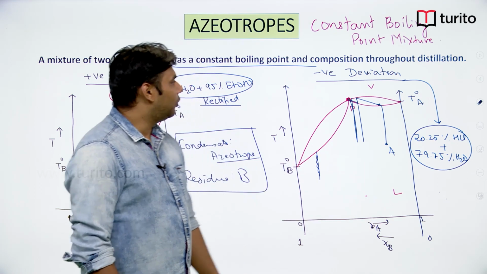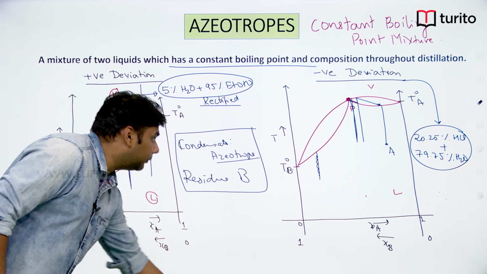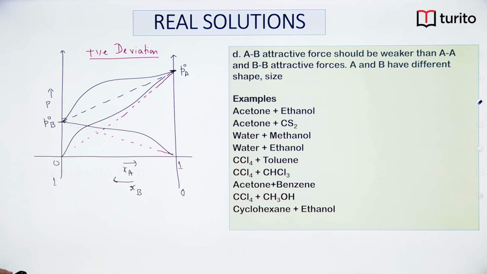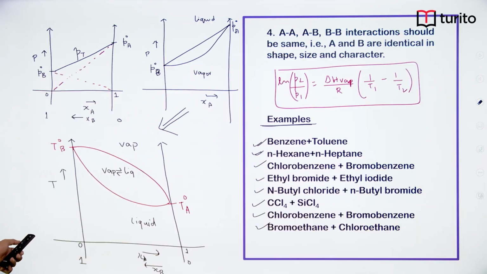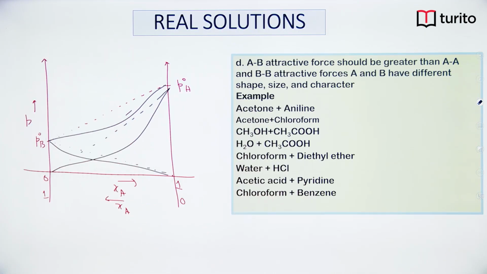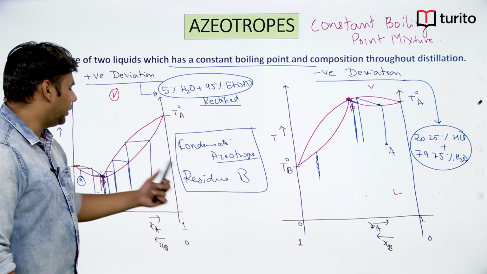So I hope you have drawn these graphs. These graphs are very important: the positive deviation graph, the negative deviation graph, and the ideal solution graph, the temperature versus mole fraction graph, and then the azeotropic graph. For a solution showing positive deviation, there would be a minima in the boiling point or the temperature.